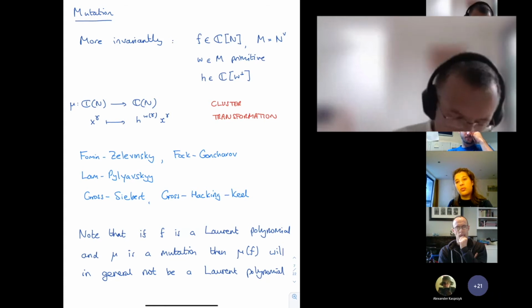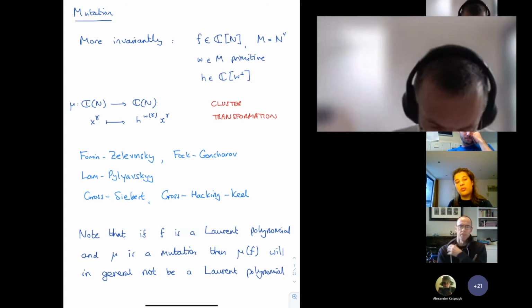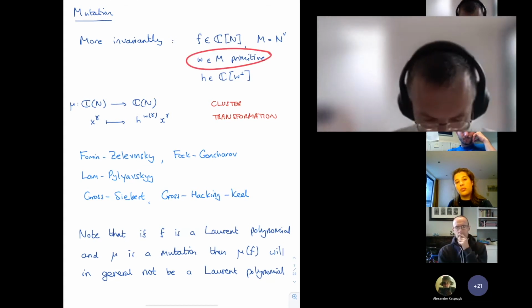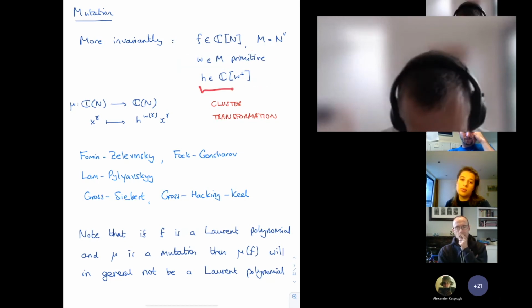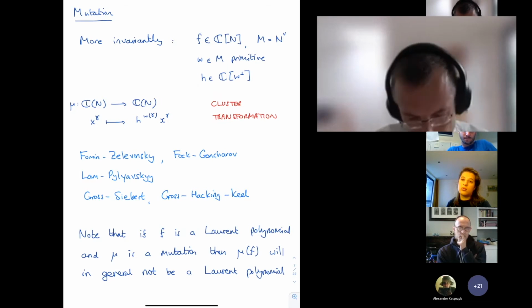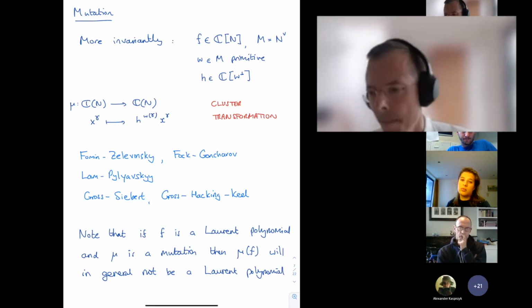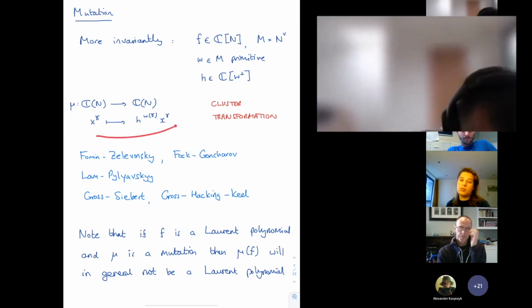So here's a change of variables I could do. I can choose a primitive element of the dual lattice, and I can choose a Laurent polynomial which is supported in the kernel of that linear form. And then I can write down a cluster transformation like this.